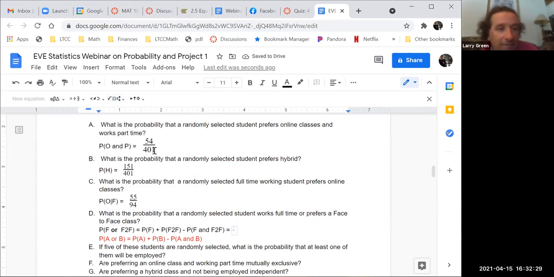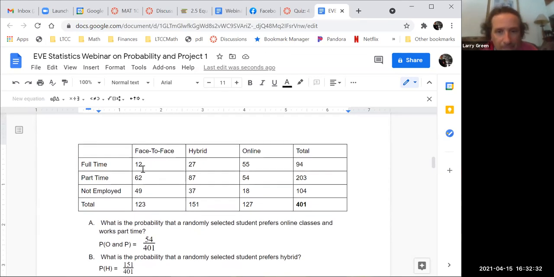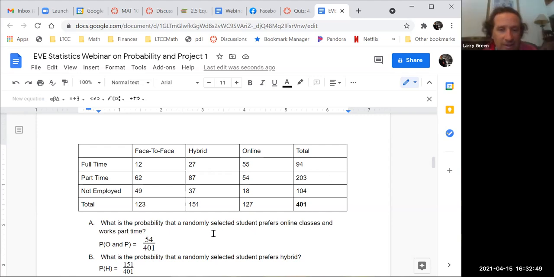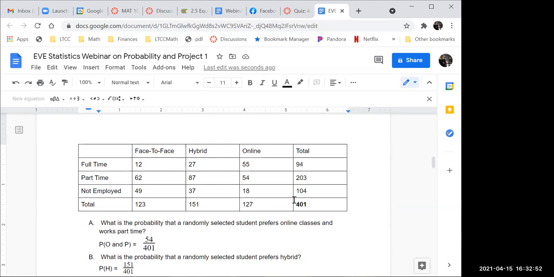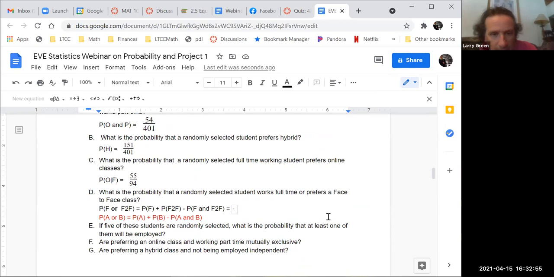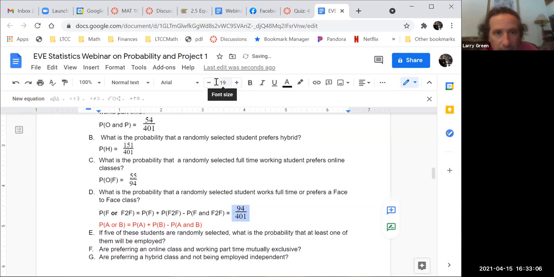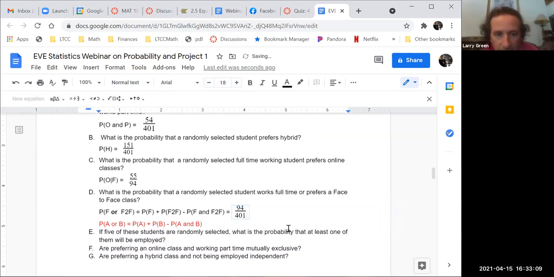And probability of F, full time. Well, how many full timers are there? How many were full time? 94. Out of how many total? 401. So let me write down 94 over 401. Okay, so that's the first one.